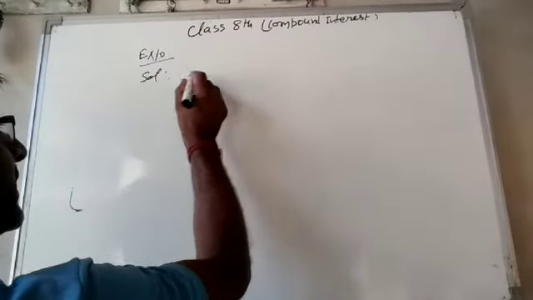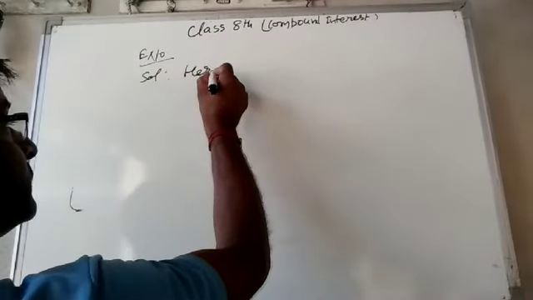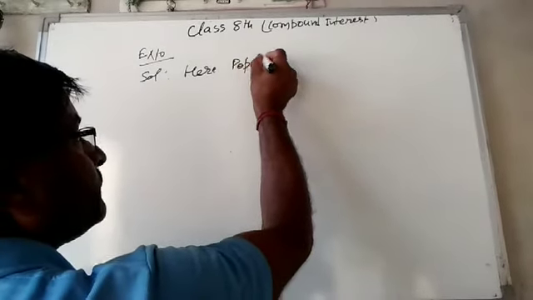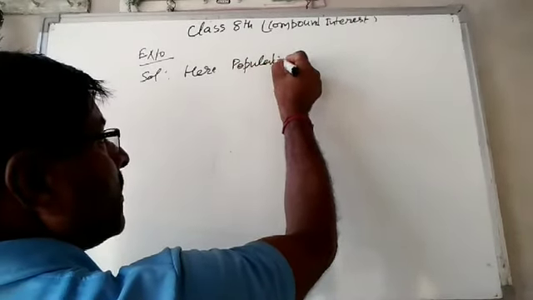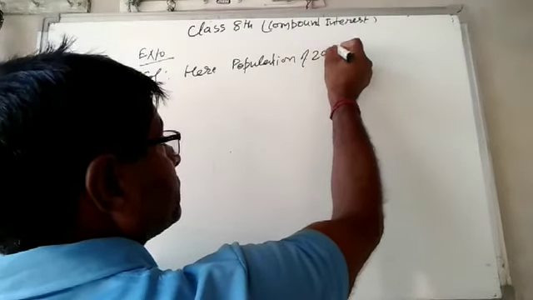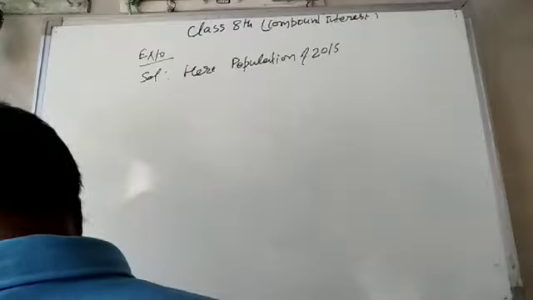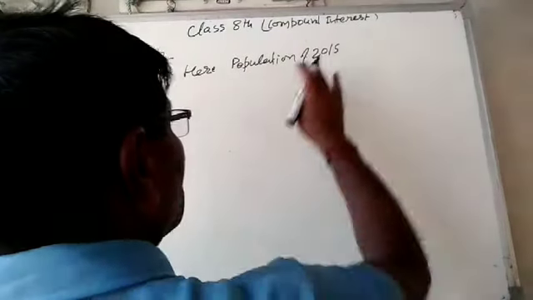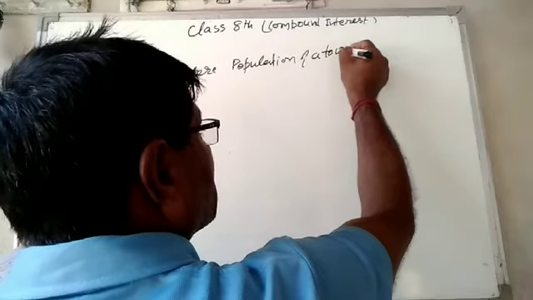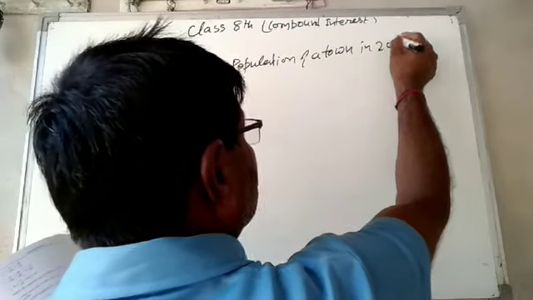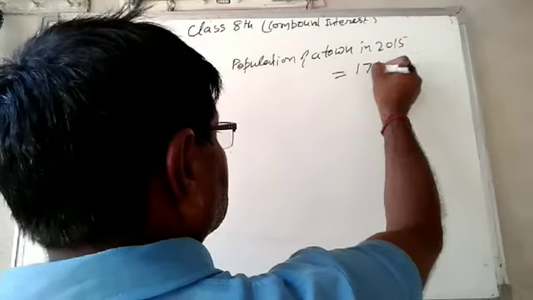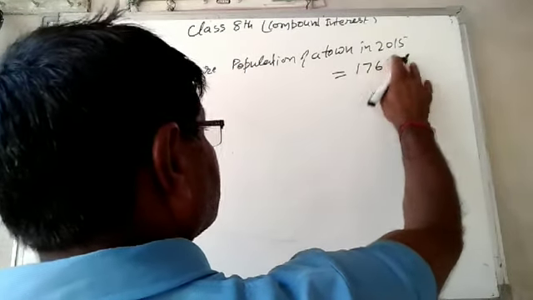Solution. We write here: population of a town in 2015 is equal to 176400.